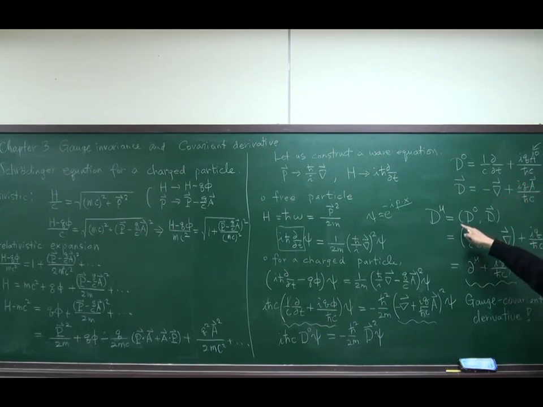So this D0, D seems to be a four-vector object, and the first part is the usual covariant derivative, and we have an additional piece that is i q over h bar c times the four-vector potential. So we call this the gauge covariant derivative. That's it.